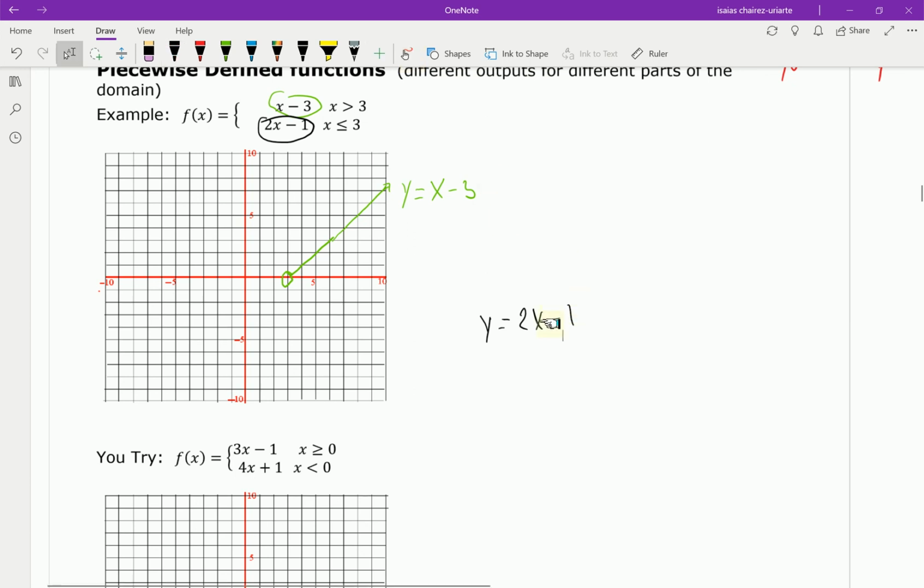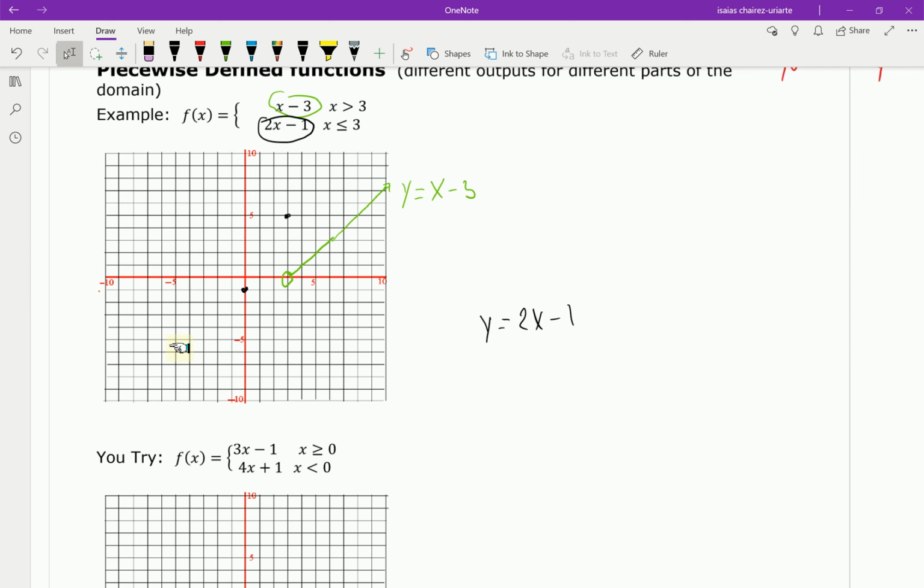So this has y-intercept at -1, right there, and it has slope +2. So from here I'm supposed to go up 2 and over 1, up 2 and over 1, up 2 and over 1, up 2 and over 1, up 2 and over 1.